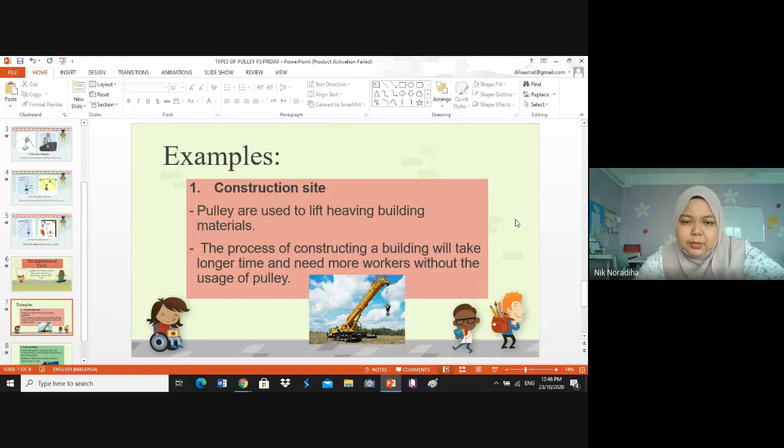Okay. So the first one is at the construction site. The thing with science is you have to apply it in your daily life. Teacher understands that you can't get out of your house anymore if there's nothing important to do, right?